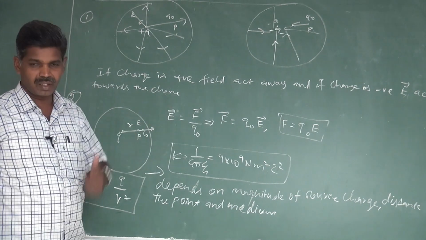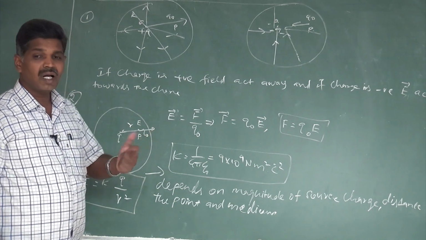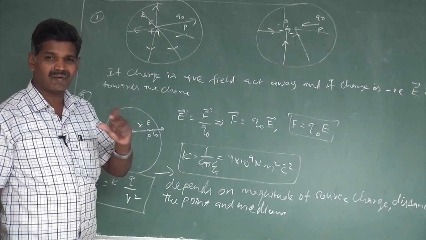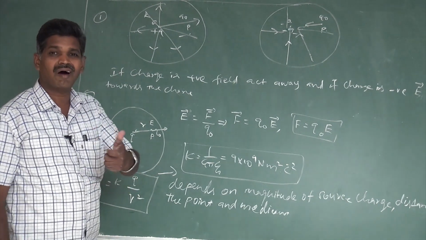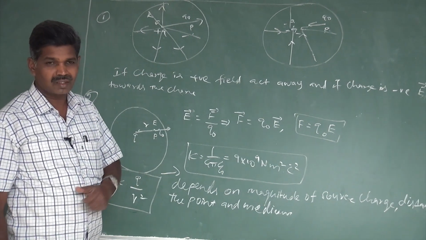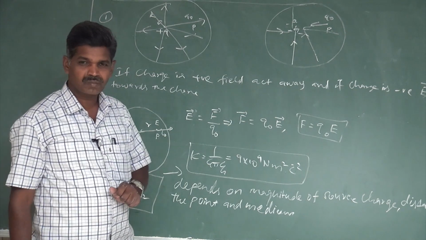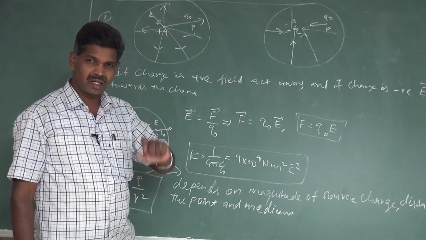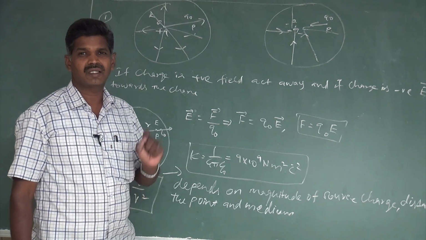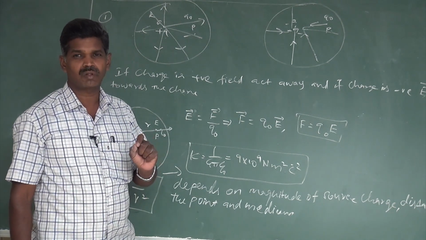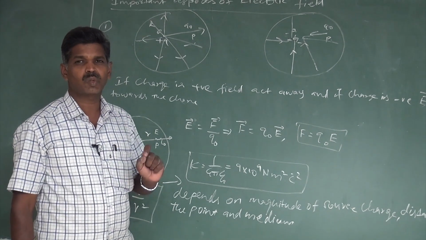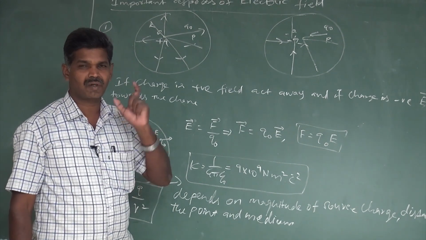If it is any other medium, we know the relative permittivity for air or vacuum is 1. For air, which is one of the dielectric media, epsilon naught value is 8.854 into 10 to the power minus 12 coulomb square Newton power minus 1 meter power minus 2.